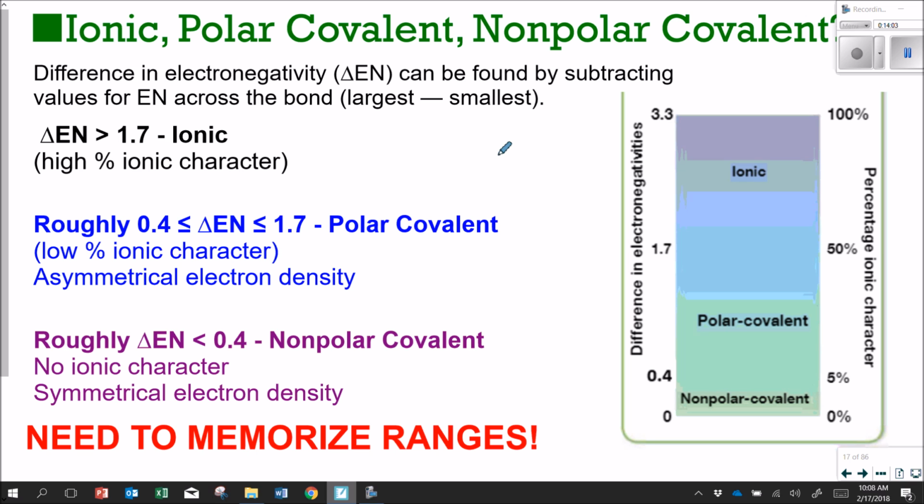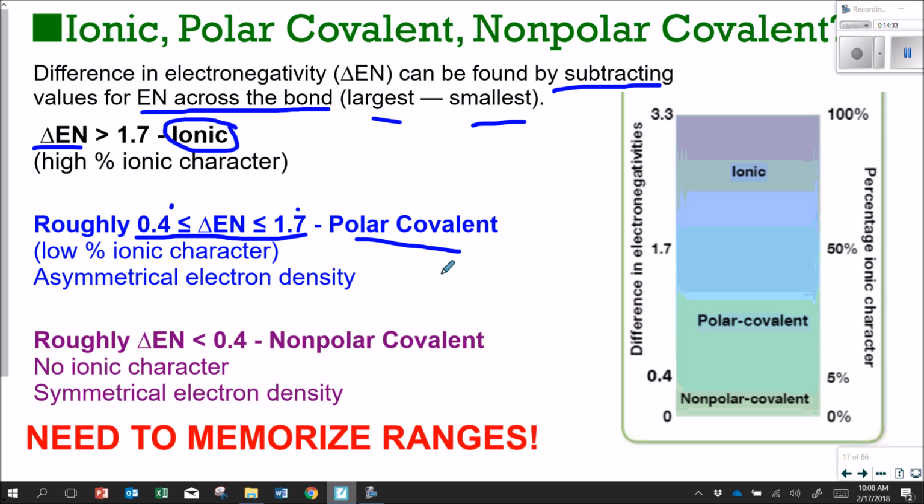Now, how do we find that difference in electronegativity between the two atoms in a bond? We do that by subtracting the values for the electronegativity across the bond, the largest minus the smallest. If you end up with an electronegativity difference, which is that delta EN, greater than 1.7, we will classify a bond as ionic. If it is between 0.4 and 1.7, including 0.4 and including 1.7, the bond will be classified as polar covalent.